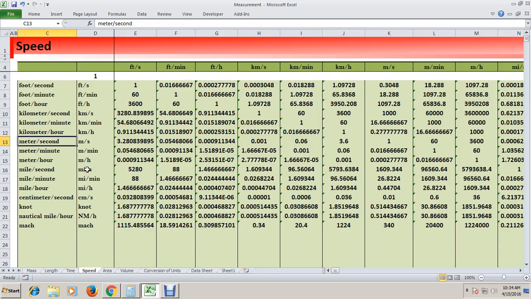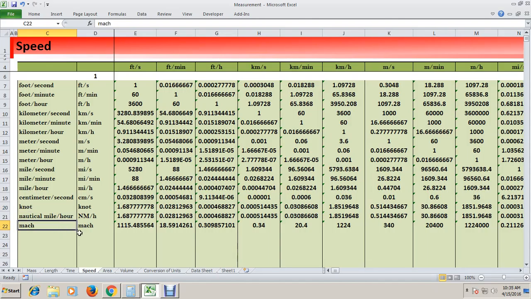Now, common units that we use in specifying speed are the following: miles per hour and kilometers per minute. These are the common units in which we usually express speed. There are also units that appear here in the table that we use for industrial purposes, such as the nautical mile per hour and the Mach.